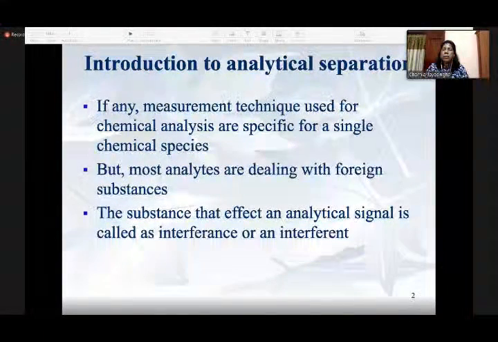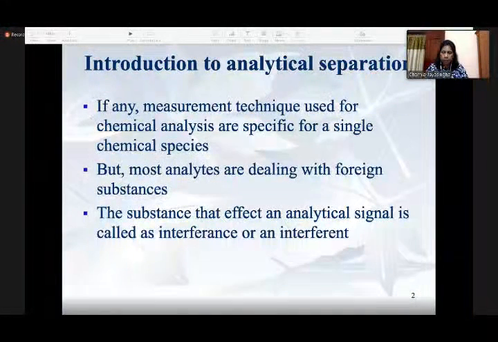If I ask you the question, what is interference? Can you explain? Define interference or an interferent. Okay, define now. In the chat box, you can write it. Define interference or an interferent. What is the interference or an interferent?